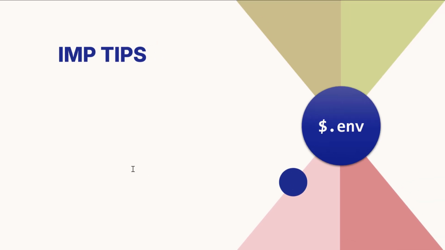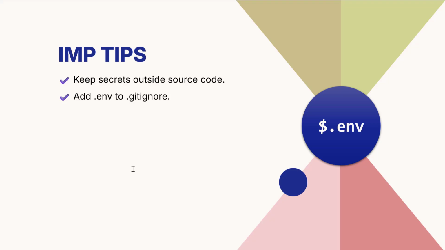Now here are the best practices every Python developer should follow. We should always keep the secrets outside of our source code. We should always add the .env file to .gitignore, because perhaps the biggest mistake developers usually make is committing the .env file to GitHub, and by adding the .env file to .gitignore, it will not push our .env file to our GitHub repository.